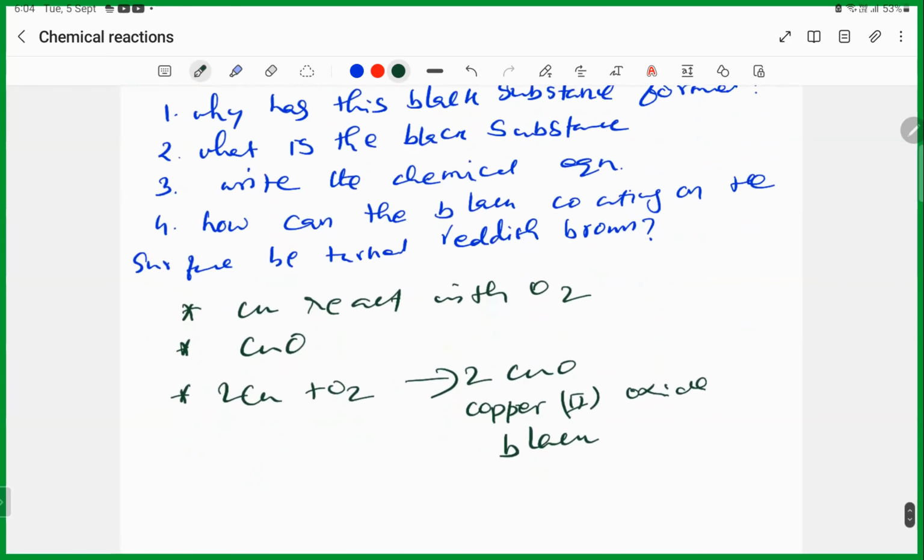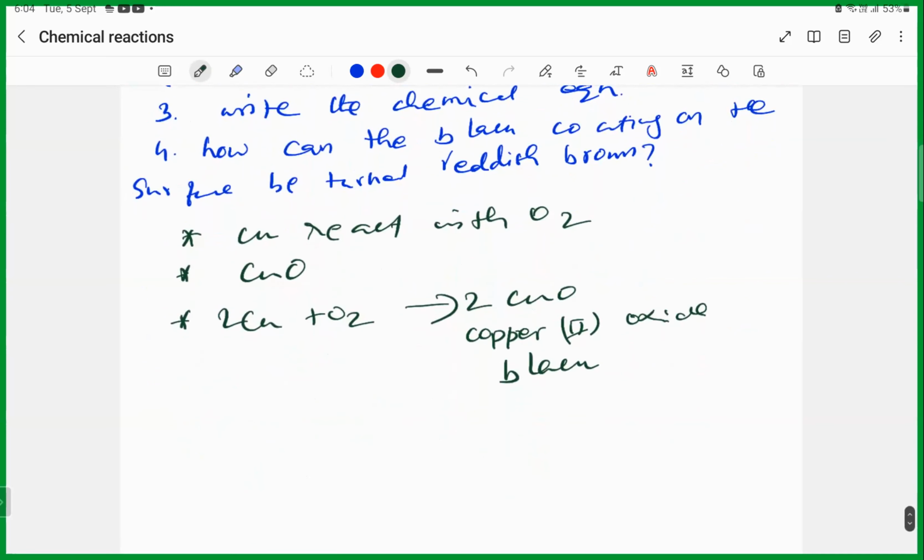Number 4, how can the black coating on the surface be turned reddish brown? When hydrogen gas is passed over the heated copper oxide, the black coating releases the oxygen and turns brown.